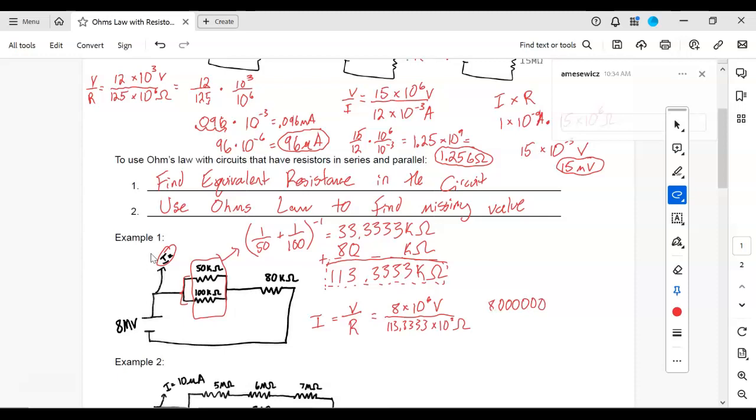So when we move that decimal 1, 2, 3, 4, 5, 6, it's 8 million. And then divide that by this 113 times 10 to the third, or 113, and then move this decimal 1, 2, 3.